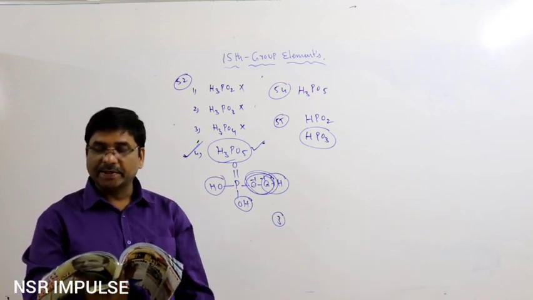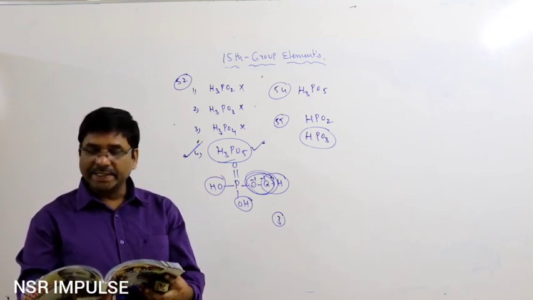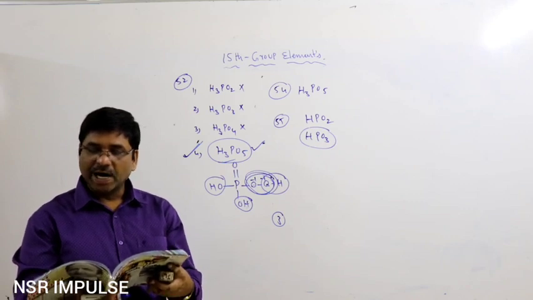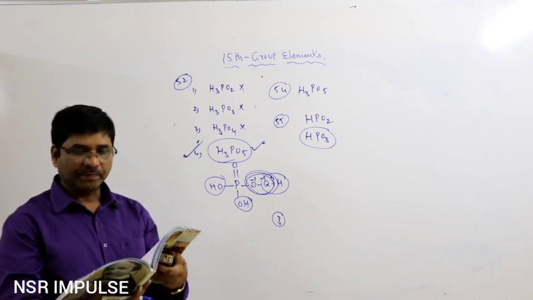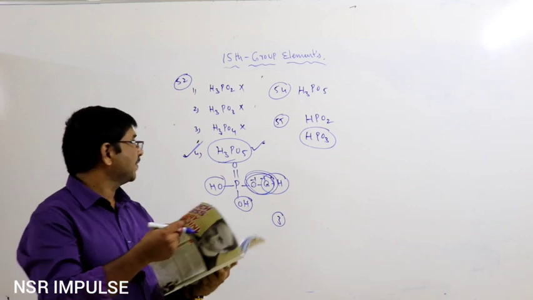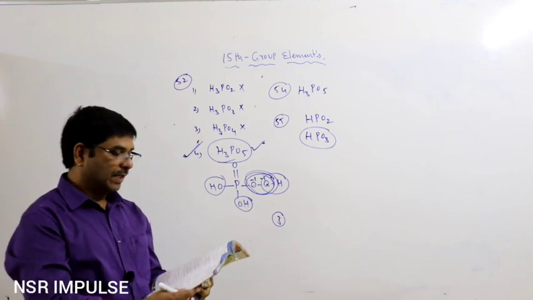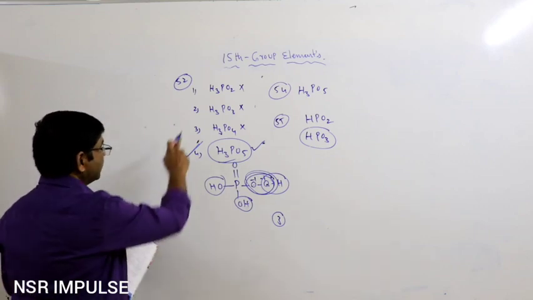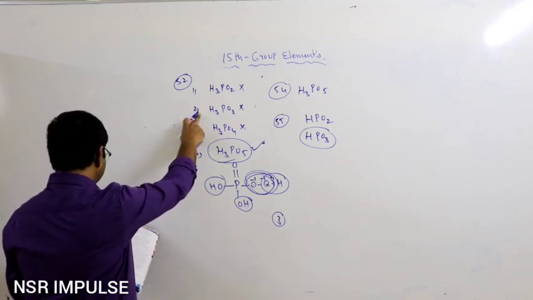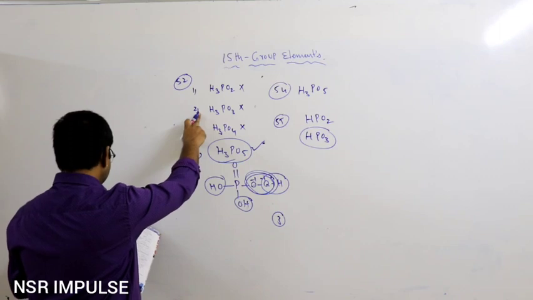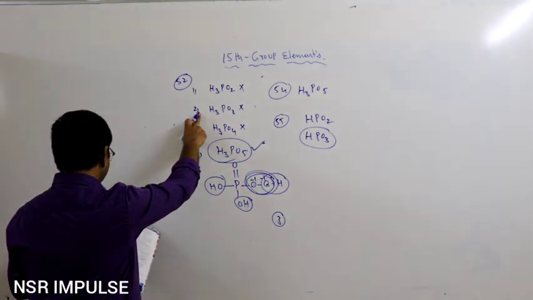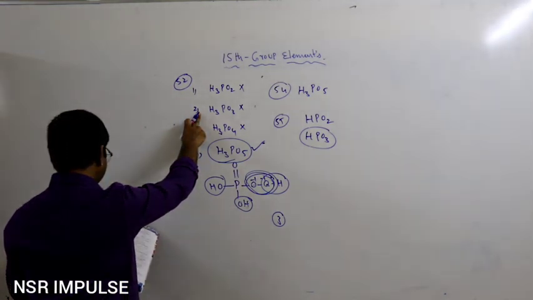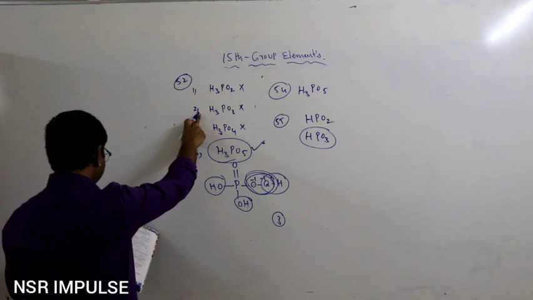Next question number 56. Oxidation state of +1 of phosphorus is found in which of the following compounds? Here the given options are H3PO3, this is the first option. Second one is H2PO3, H3PO3.